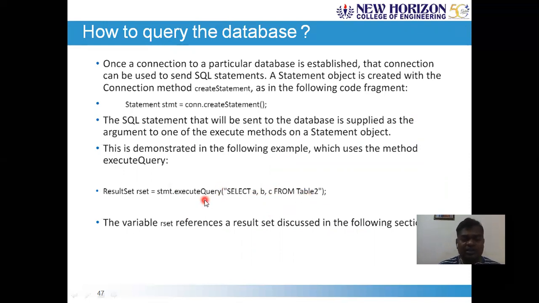Since the query is a select query, the outcome of statement.executeQuery will always be a ResultSet object. This ResultSet object will have a virtual table where you can use pointers to access the rows and the columns. Remember, the column indexes are numbered starting from 1. That is very, very important. And we can process each of the rows and columns.